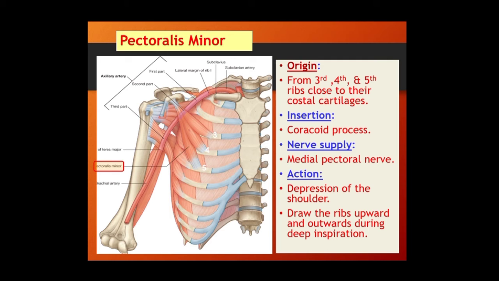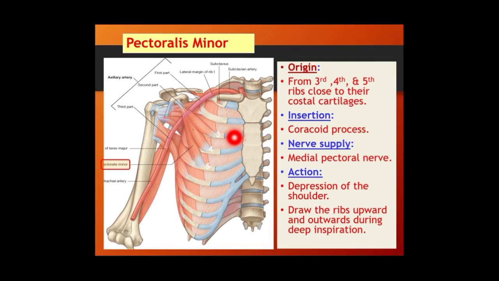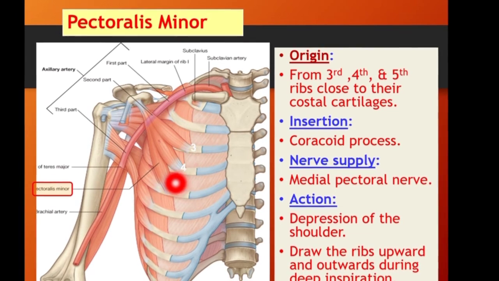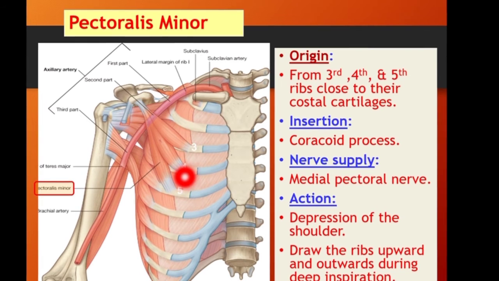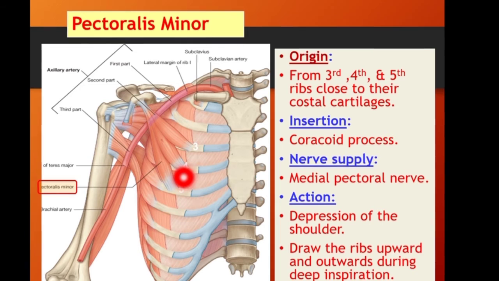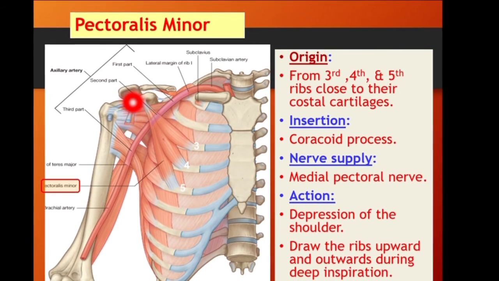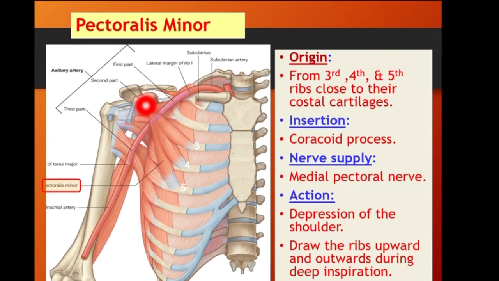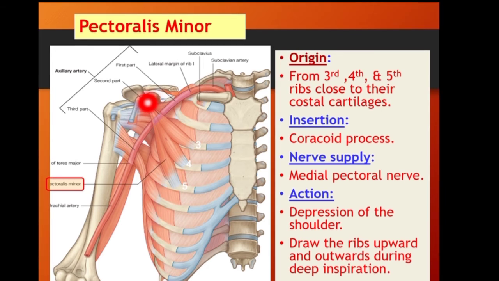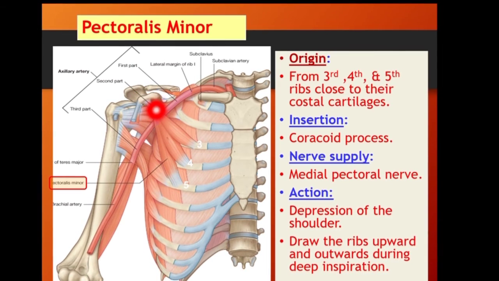Now, pectoralis minor. Origin is the 3rd, 4th and 5th ribs, at the costochondral junction, and it is inserted into the coracoid process of the scapula, on the medial and upper surface of the coracoid process.